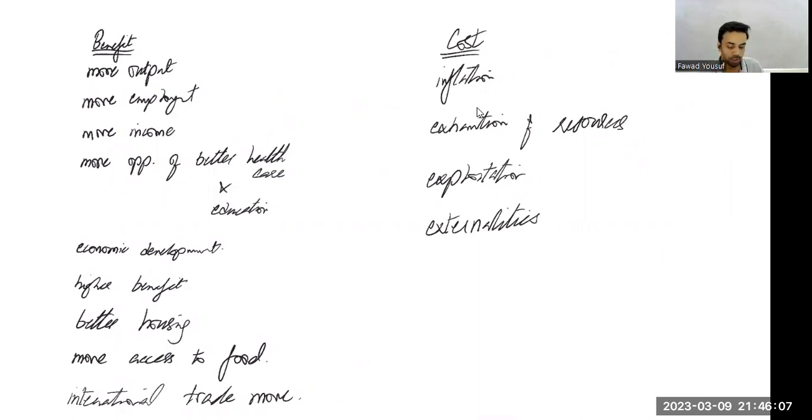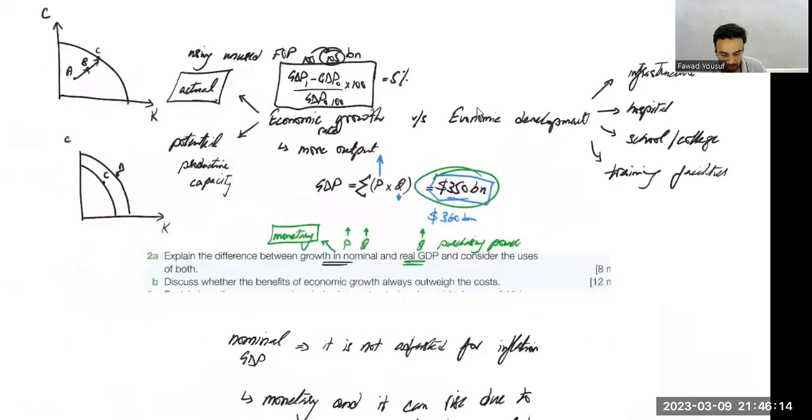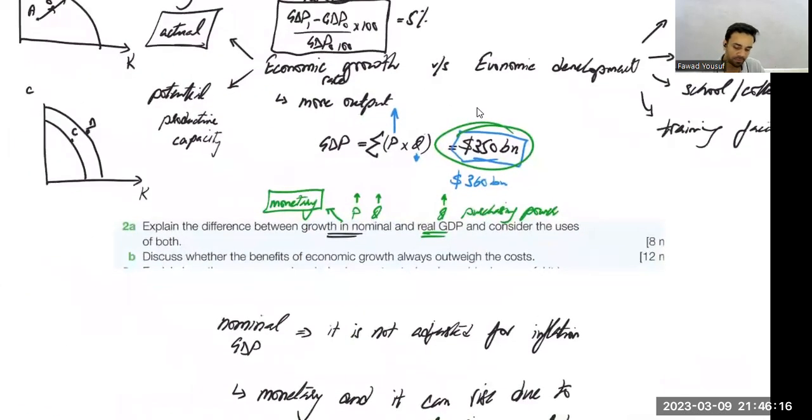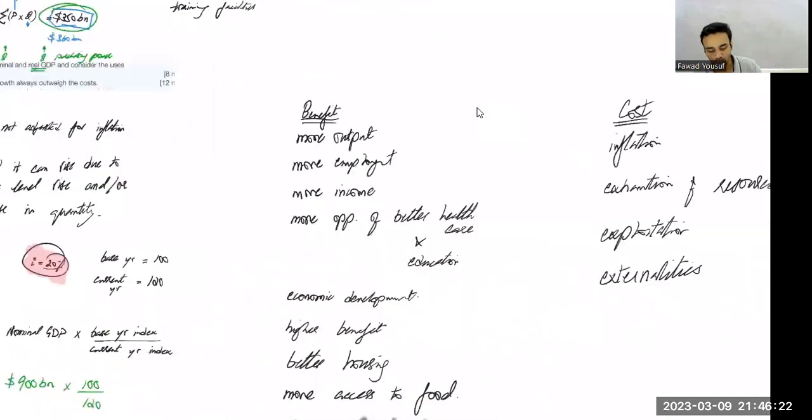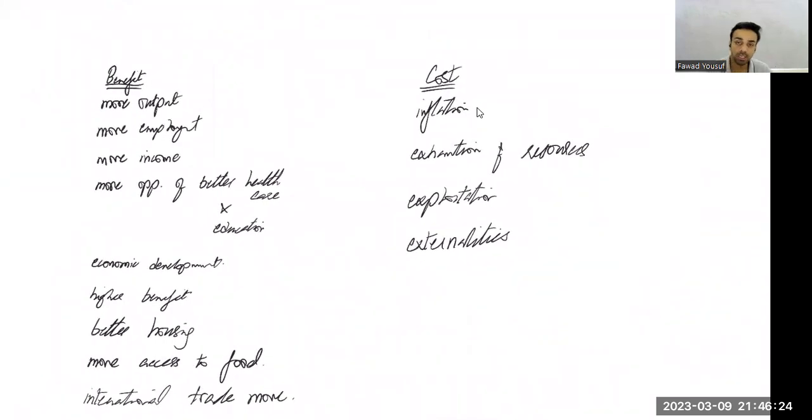Overall, let me go back to the question, because the question always has an evaluative statement. Discuss whether the benefits of economic growth always outweigh the cost. Will the benefits always outweigh the cost? So this is what you want to argue.